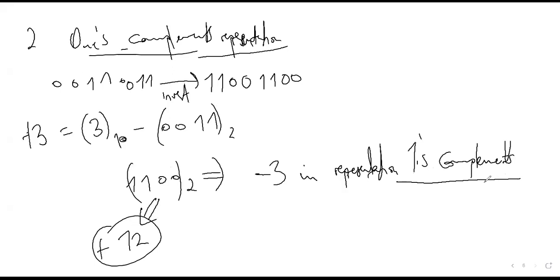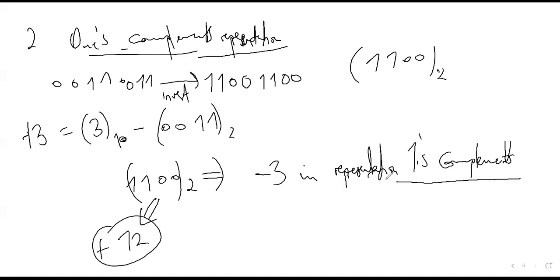Anything to add on one's complement? All right. In the one's complement format, the positive numbers remain unchanged. So for example, positive 12 remains unchanged. It's 1100. But when we go to negative 12, you invert all the numbers.